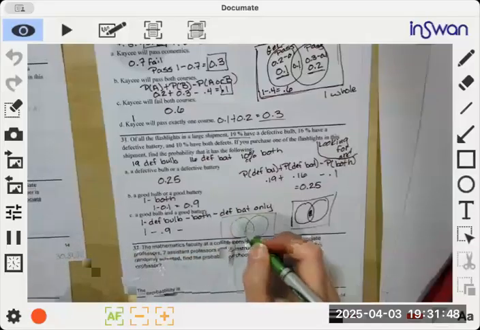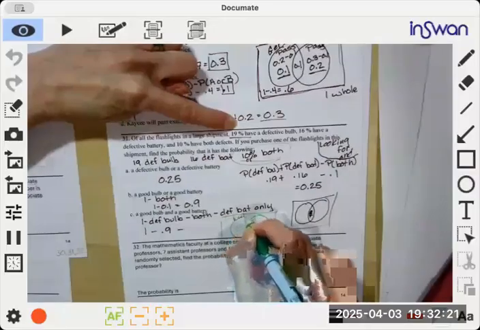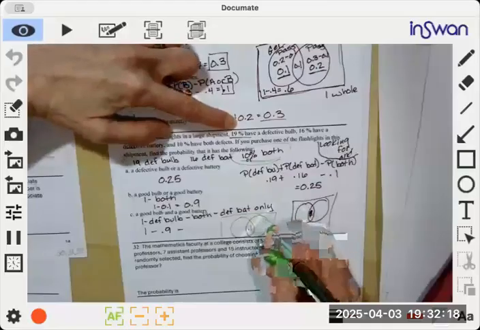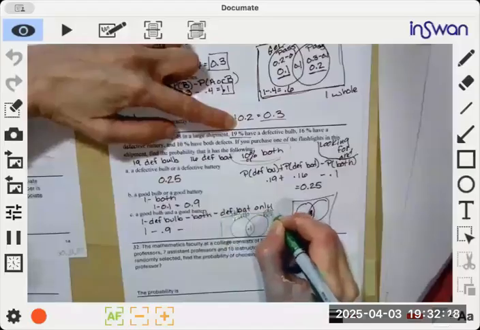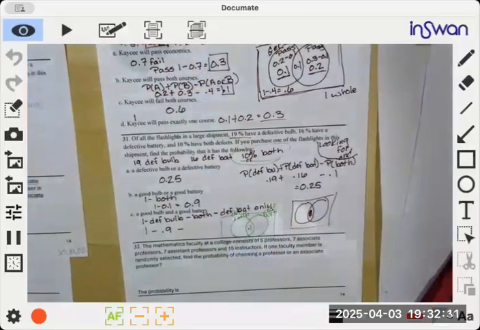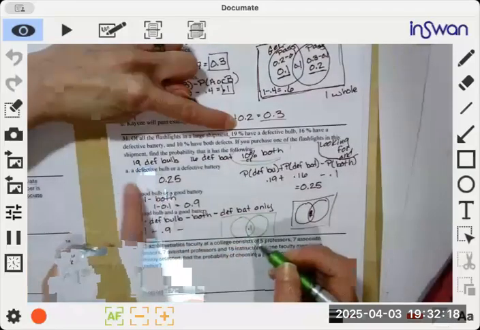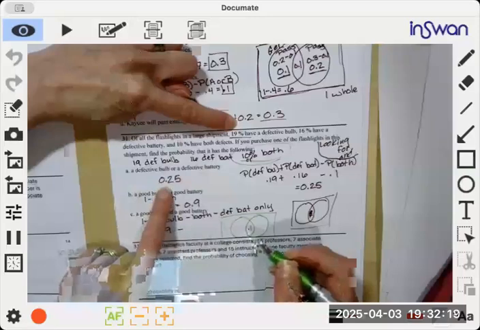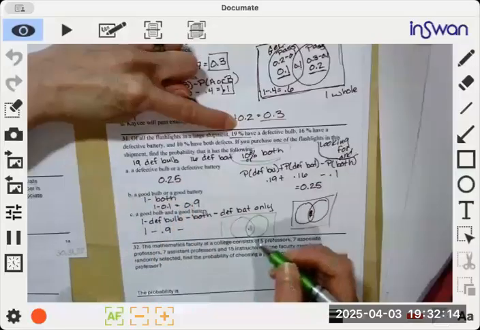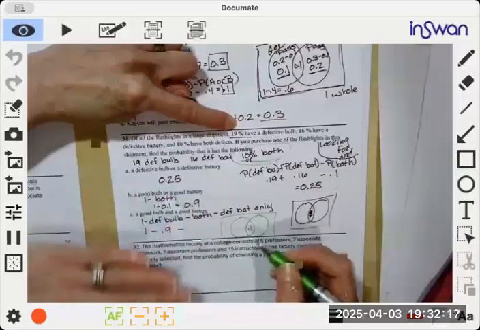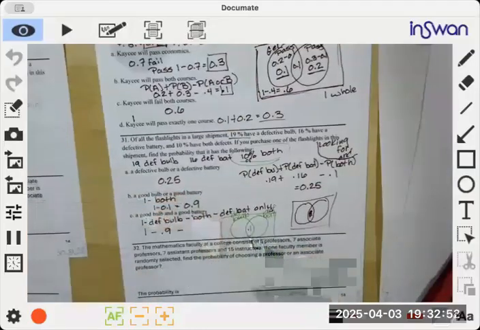Then defective bulb, defective battery, so defective bulb or defective battery. Good bulb. Oh, see, I'm going one way and then the other. Good bulb, good battery, defective bulb. Maybe I need to go the good way.